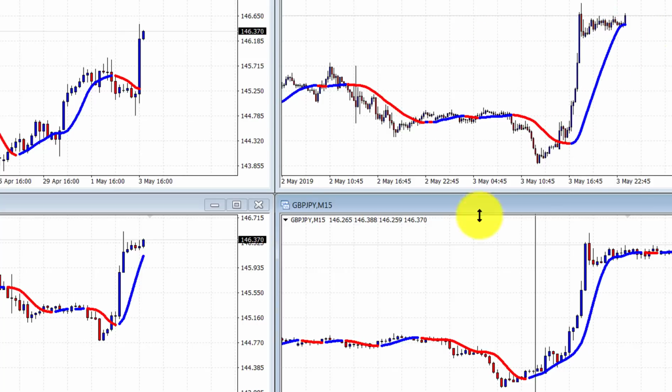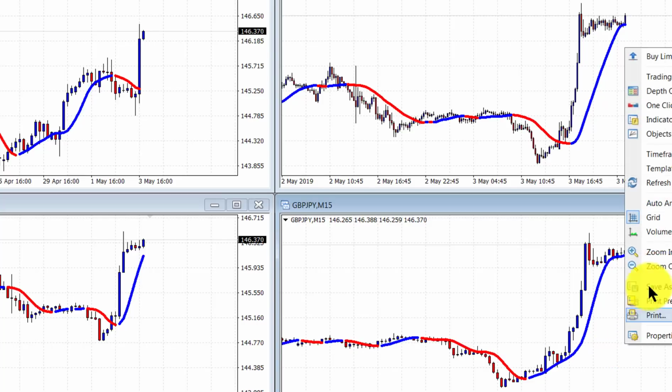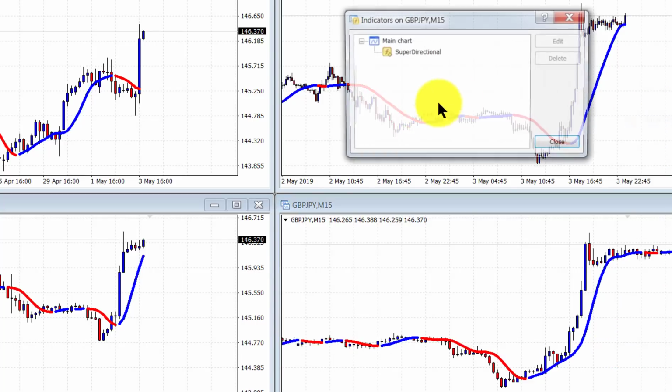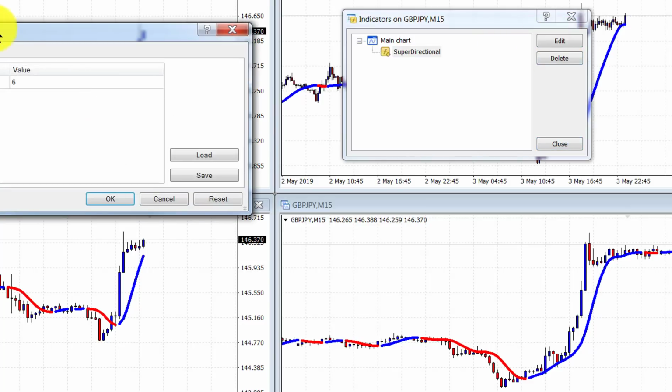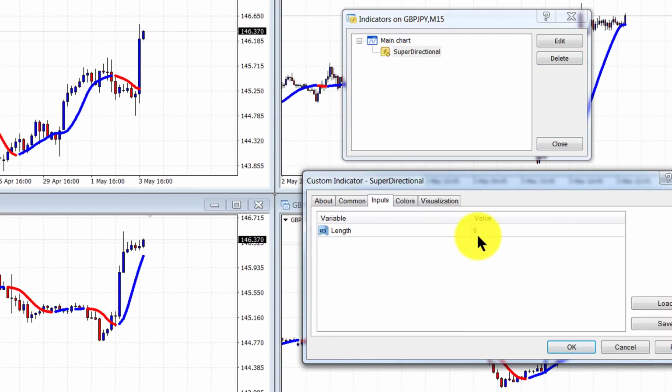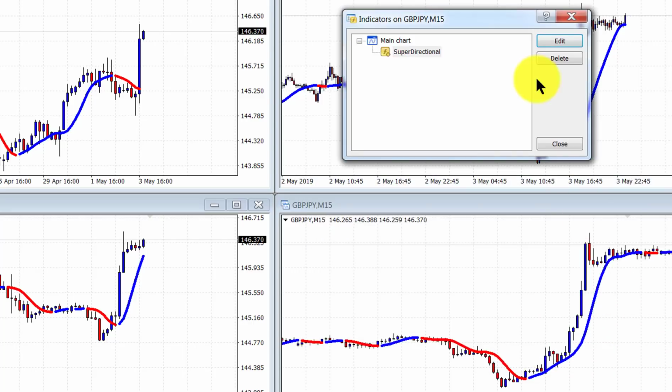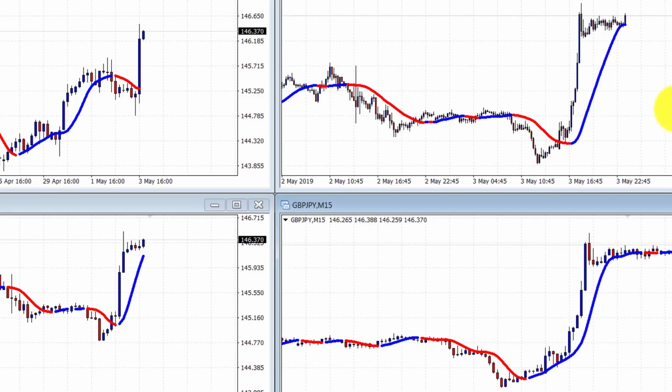So this is now 21, and that is, let's go and see what setting that is. Is a 6 setting. So the smaller the setting, the more sensitive; the bigger the setting, the less sensitive. So there's another strategy. So you've got 3 strategies to use this very simple, straightforward indicator.